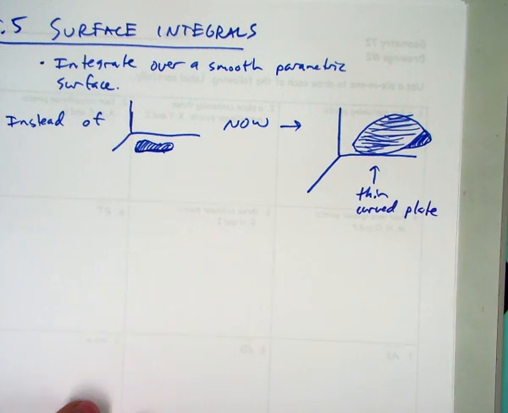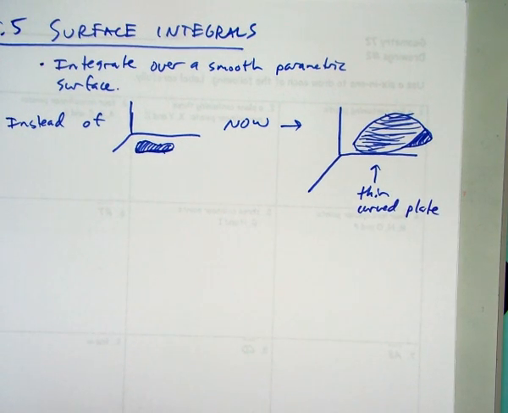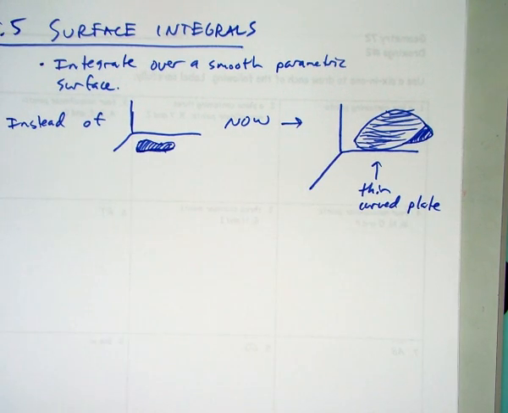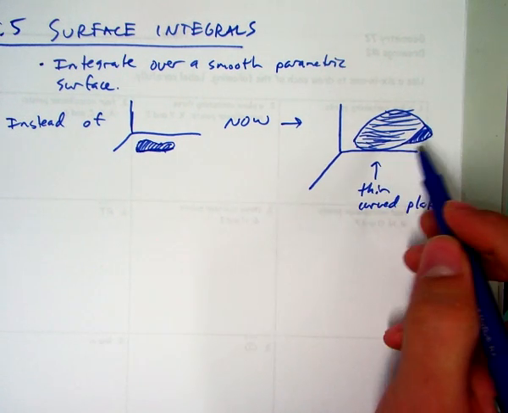So a thin curved plate. So now instead of having a surface in 2 dimensions, we're going to integrate potentially a surface that's more easily described in 3.